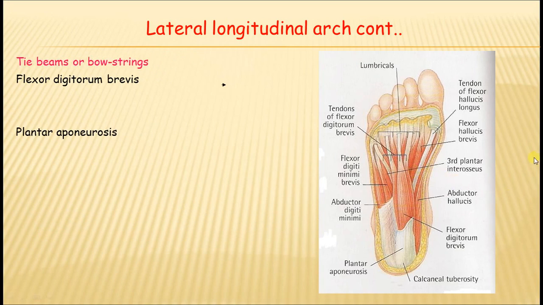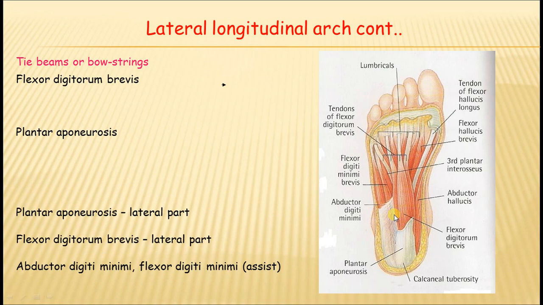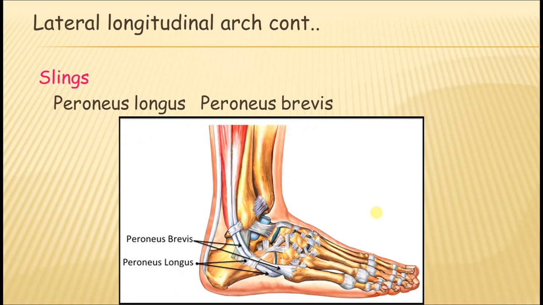Then bowstring, to some extent it is by the plantar aponeurosis. Then you also have flexor digitorum brevis, lateral half. So lateral part of plantar aponeurosis which is cut here, and flexor digitorum brevis lateral part, and abductor digiti minimi assists along with the flexor digiti minimi. So they form the tie beam or bowstring for the lateral longitudinal arch.